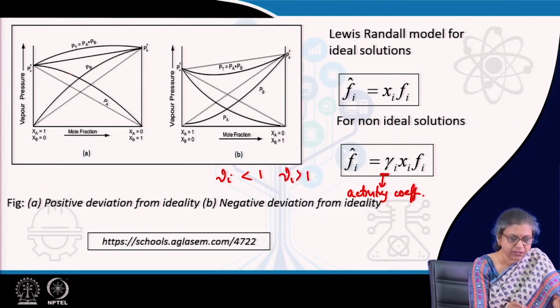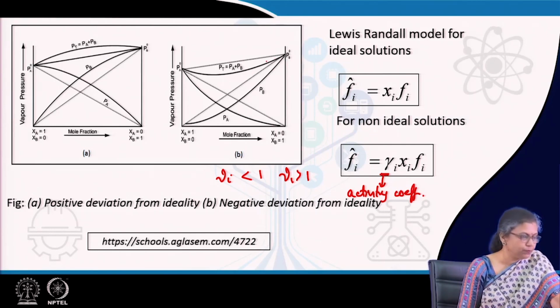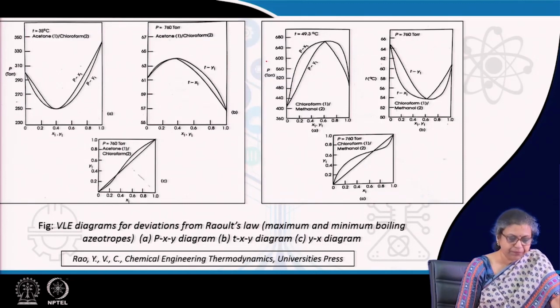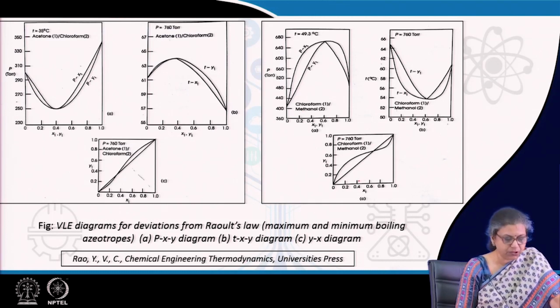When gamma i is greater than 1, naturally the total pressure is higher than that calculated from the ideal solution model, and when it is less than 1, the total pressure is lower than that computed from the ideal solution model. So the Pxy, Txy and xy diagrams get modified for non-ideal solutions in this way.